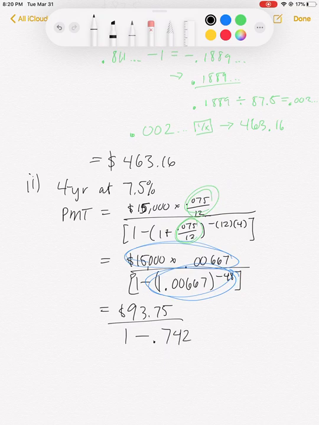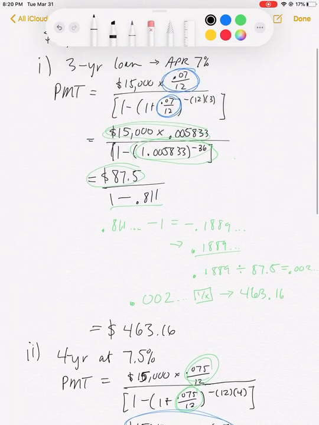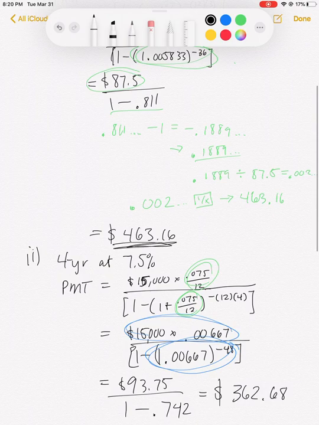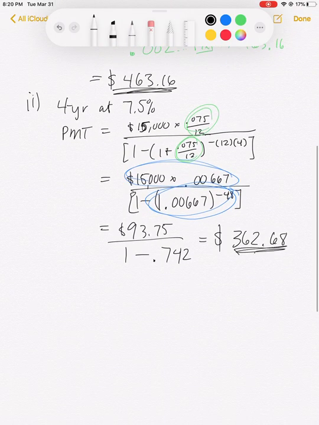Now when I type this in my calculator, I can do the way I did it before, or I can just type in these shorter numbers, and I get a monthly payment of $362.68. Okay. Now, if I have a budget of $400, then I'm comparing my 463, which is too much money, to 362.68, which is okay. So I'm going to do this option number 2.